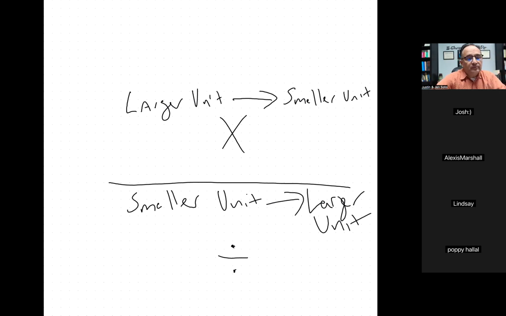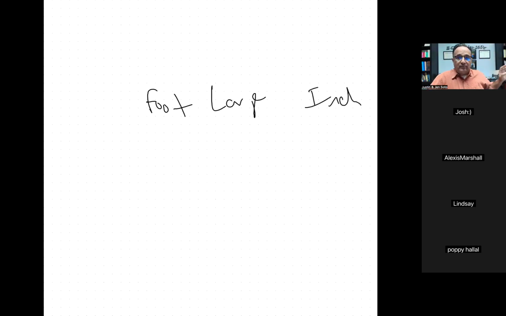Let me show you what I mean. Number one says convert 8 feet into inches. A foot is larger than an inch, right? For example, if you're 6 feet tall, you're 72 inches.